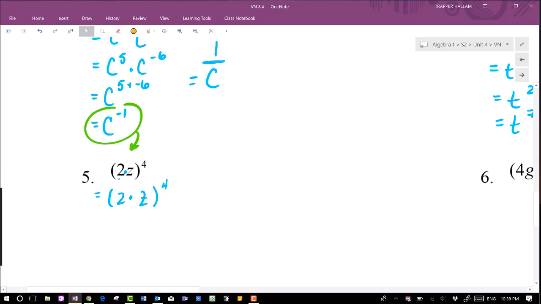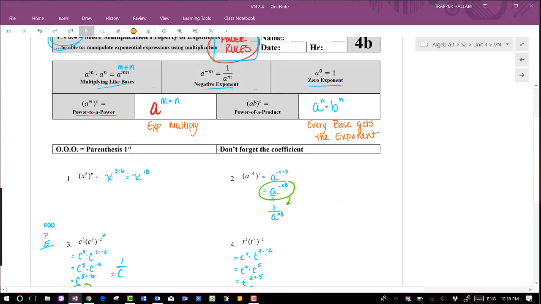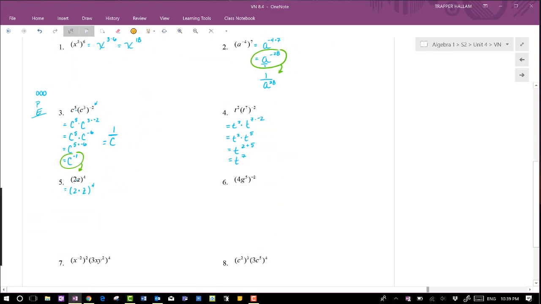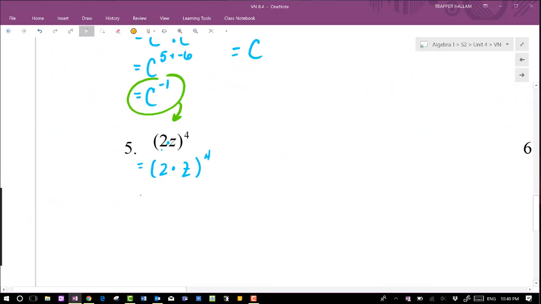So if we employ our rule back up here, power of a product, again, they'll count as separate bases. So power of a product says that both of these bases get the 4. So what does that look like? It looks like 2 to the 4th times z to the 4th. And 2 to the 4th we can multiply out. 2 times 2 is 4, times 2 is 8, times 2 is 16. So we get 16z to the 4th.